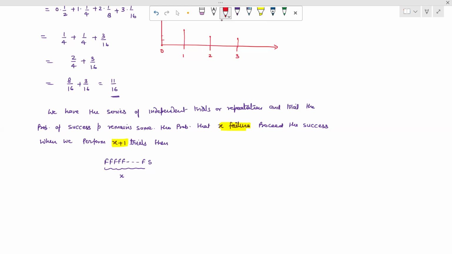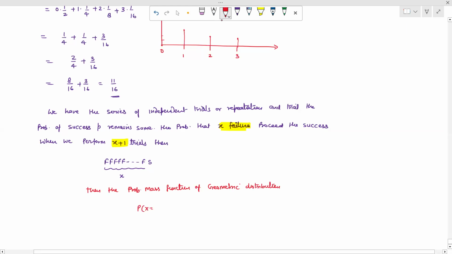Then the probability mass function of geometric distribution can be written as q raised to the power x into p, because q represents the probability of failure.